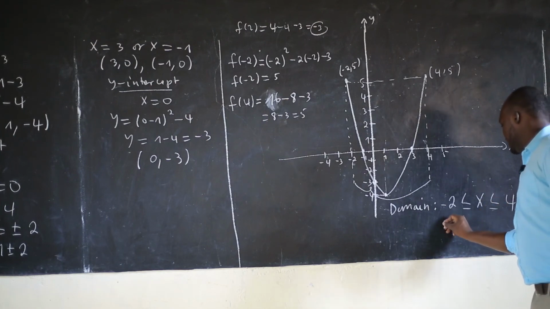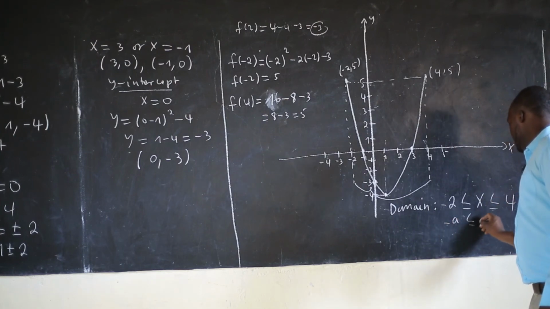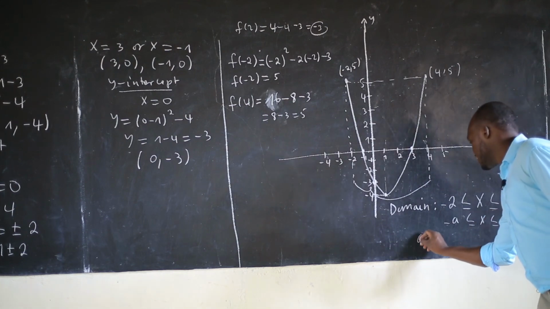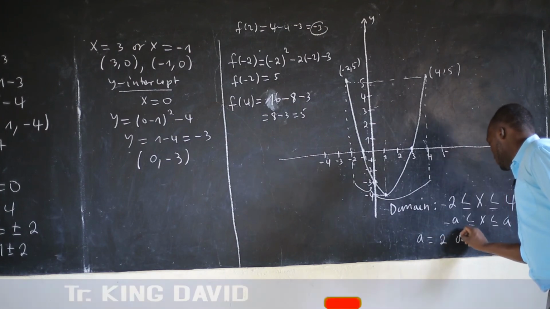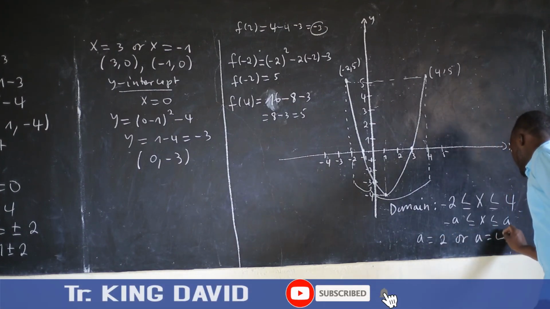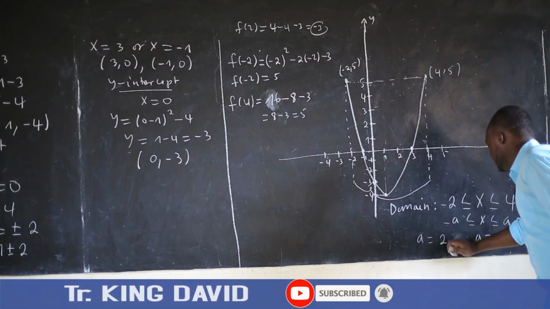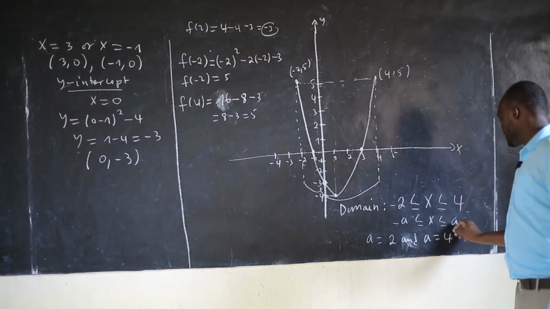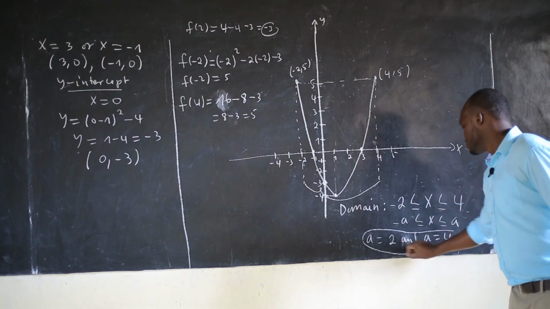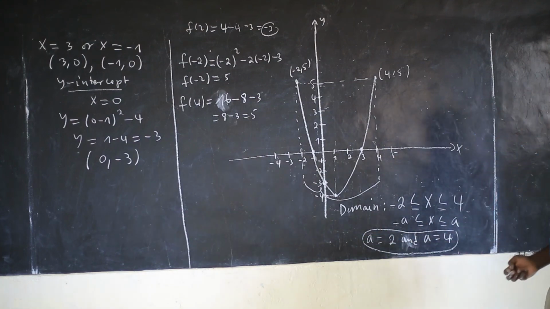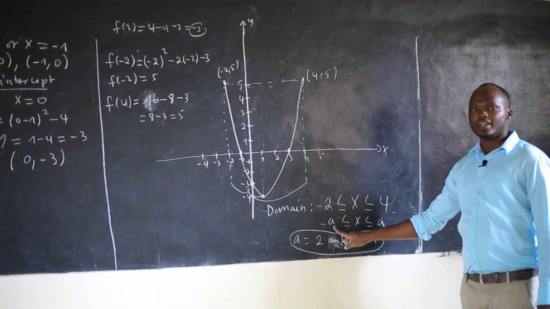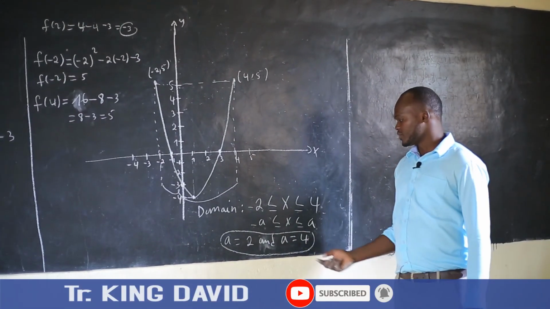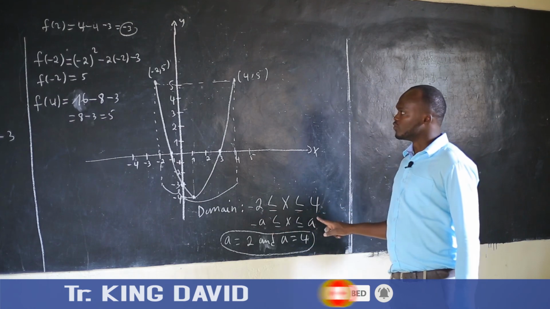When you compare with negative a less than or equal to x less than or equal to a, we use "and" because we have two values that are different. Negative 2 equals negative a, so a is 2, and a is 4, because our domain is from negative 2 to 4.